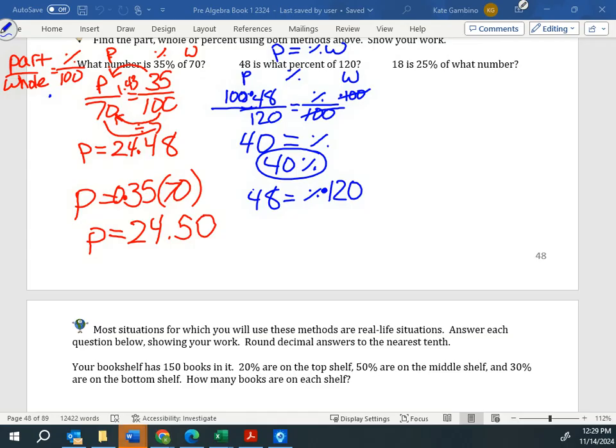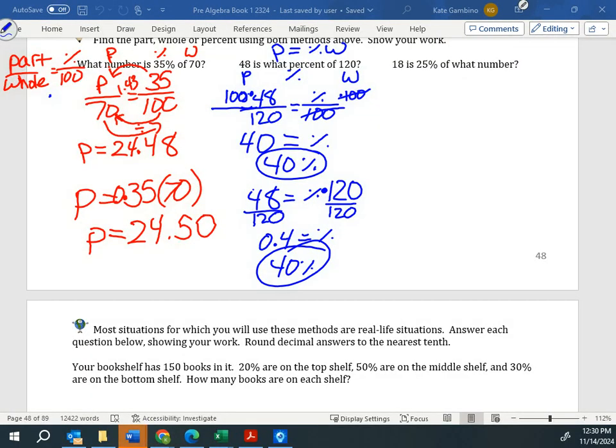Eleanor? Change it to dividing. Yeah, I'm going to divide. Instead of multiplying by 120, I'm going to divide both sides by 120. What is 48 divided by 120? So 0.4 would be what percentage? Claire? 40%. Does that make sense? Yes.